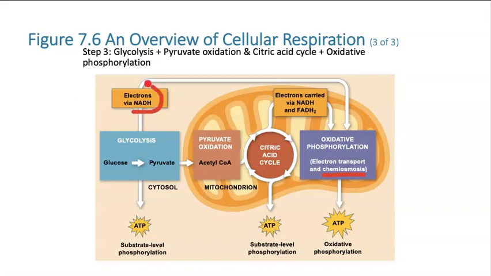The electrons from NADH that happened in both glycolysis and in citric acid cycle go to the electron transport chain and release their electrons in the manners that we talked about before, a whole bunch of redox reactions. And in this process, we get something called oxidative phosphorylation. So we're phosphorylating ATP, but instead of at substrate level, it's happening with this process called chemiosmosis. And oxygen absolutely is going to be playing an important role in that as our final electron acceptor.